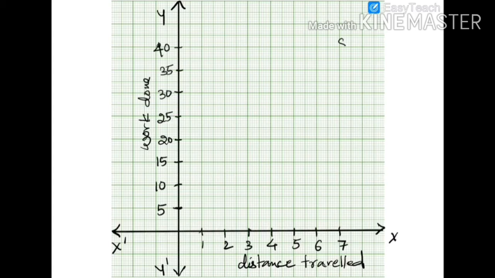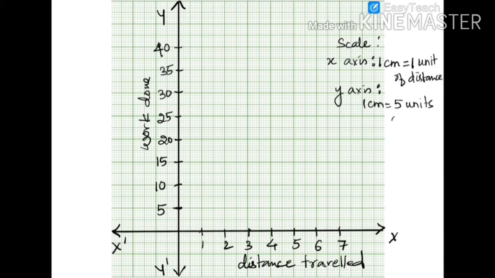Let's write down the scale for x-axis and y-axis. On x-axis, 1 centimeter represents 1 unit of distance. Since the question is not giving a specific unit for the distance travelled, we will write it in this manner. Similarly, on y-axis, 1 centimeter is equal to 5 units of work done.